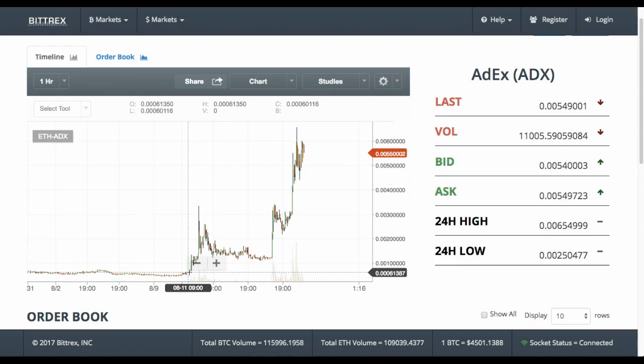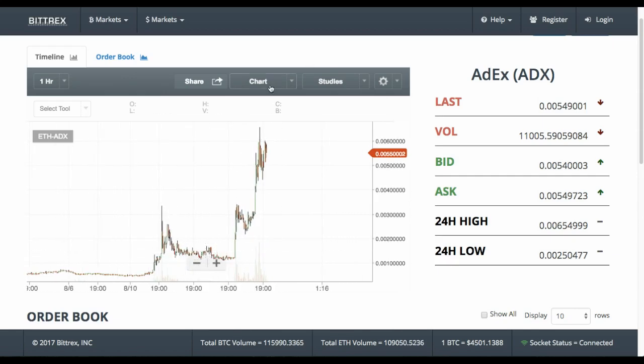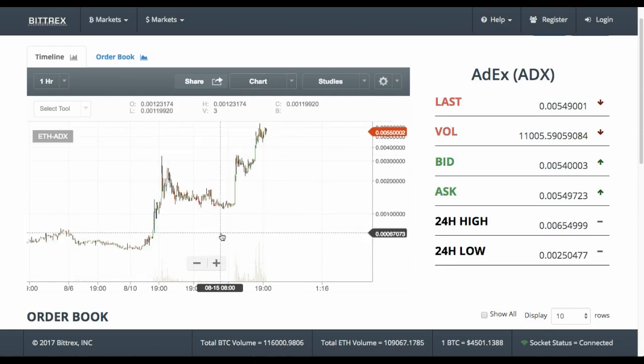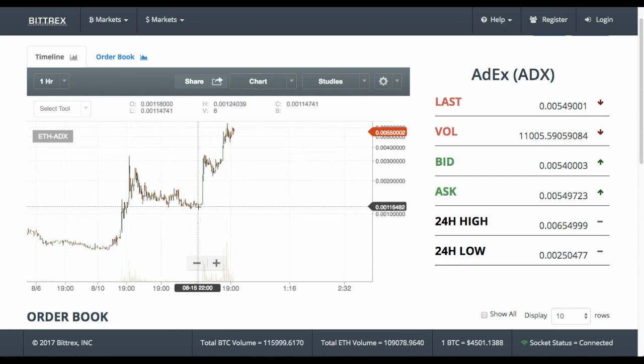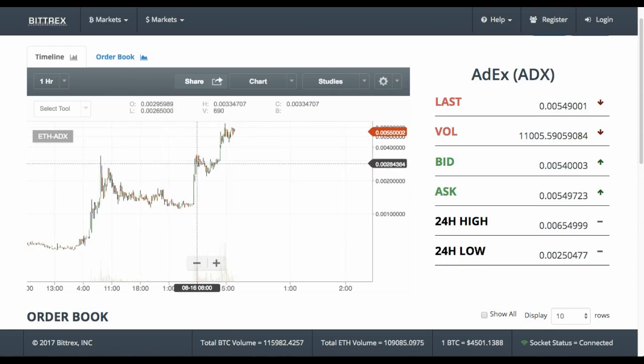Now let's quickly pop into the 1 hour to see the more minute transactions. As you can see here, that's the initial run up to the 0.0033 mark, and a little bit over 50% retracement, I think it was. I'll put this back on the logarithmic. And then that other bit of news that busted back up to that old high here. Again, a little bit of retracement, and then to that 0.0065.